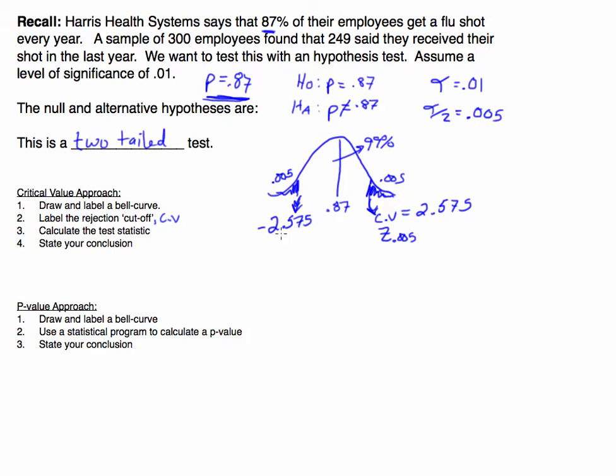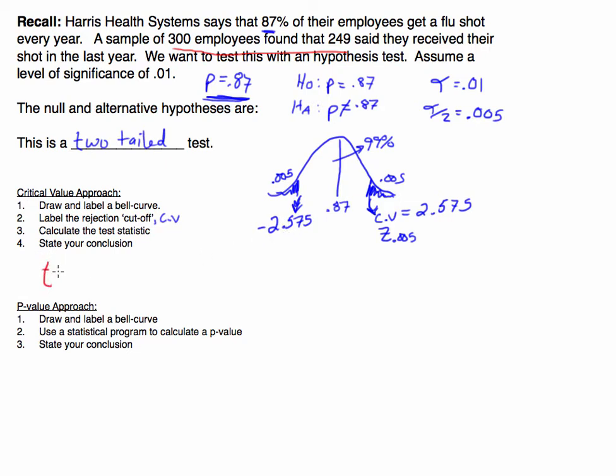Because we need to calculate the test statistic. The test statistic is relative to our sample, and we're going to find, given the sample, whether that test statistic falls into one of these rejection regions. Because that's what these tails are: the rejection regions.